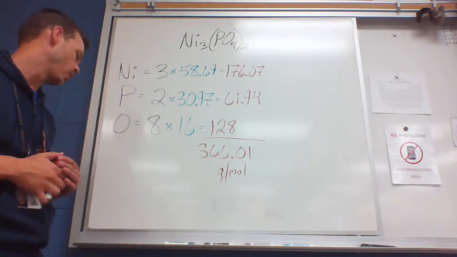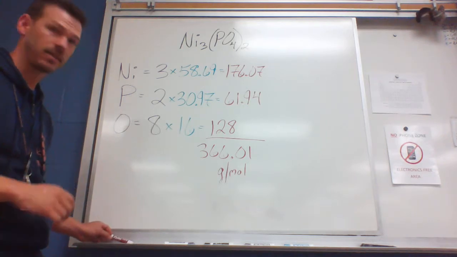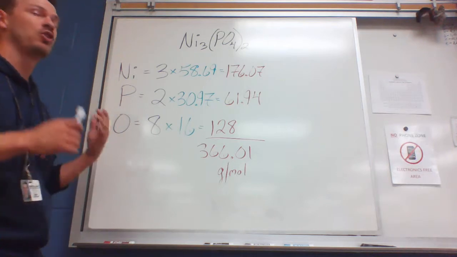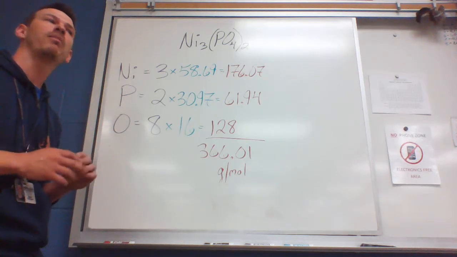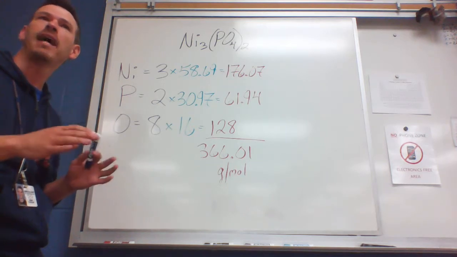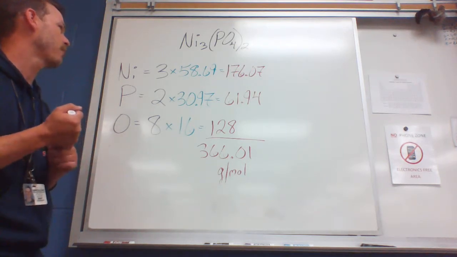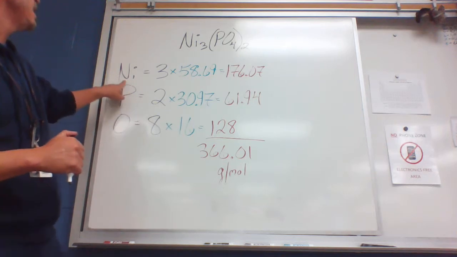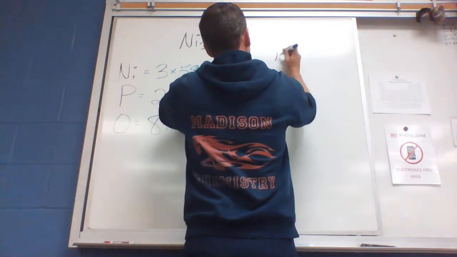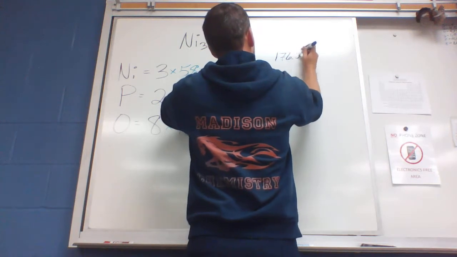Now, we're not going to run into questions anymore that just ask for molar mass. But we need that molar mass in order to find the percentage of each part of this compound. If you remember, percentages are found by part divided by whole times 100. So we'll do that for each of them. For example, nickel's total part in the compound was 176.07.